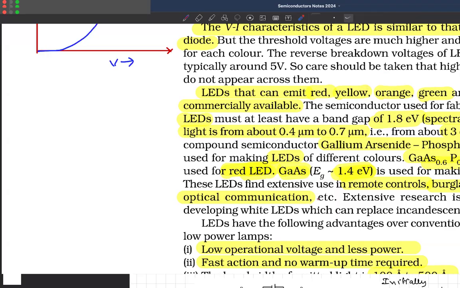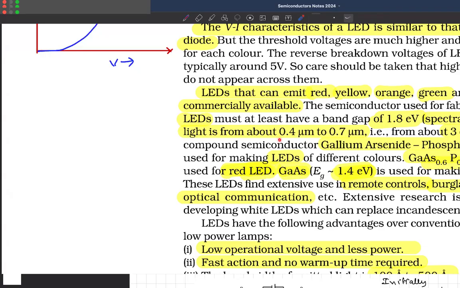The semiconductors used for fabrication of visible LEDs must have an energy gap of at least 1.8 electron volts. Visible light is from 4,000 angstroms to 7,000 angstroms. So 4,000 angstroms corresponds to 3 electron volts, and 7,000 angstroms corresponds to 1.8 electron volts.